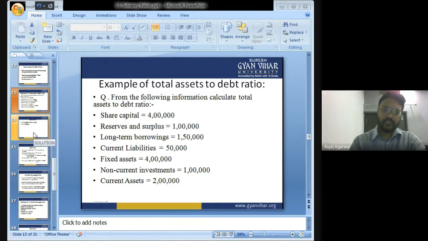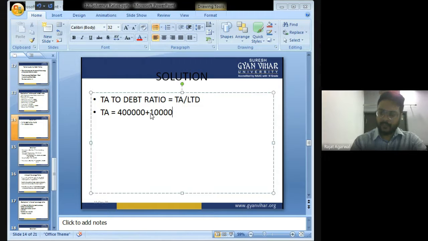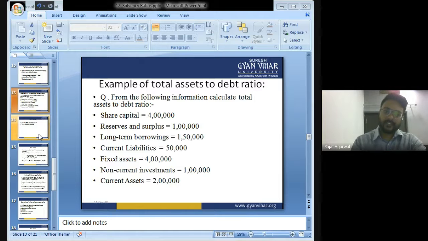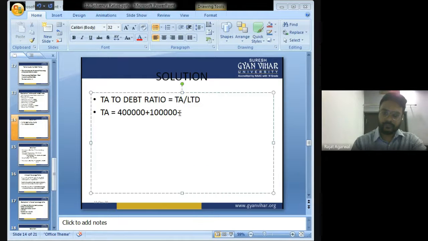Investment is also an asset, so we are going to take investment also, 1 lakh. And current assets 2 lakh. So 4 lakh plus 1 lakh 5 lakh plus 2 lakh 7 lakh.